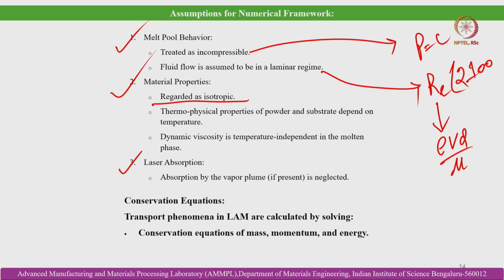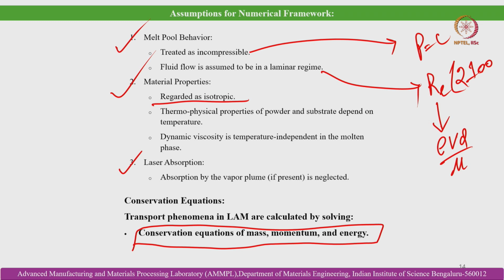And then the conservation equations. Transport phenomena in laser additive manufacturing are calculated by solving the conservation equations of mass, momentum and energy, likewise we have discussed in case of casting and also in case of welding. Now we are going ahead with additive manufacturing to develop the process model by solving the basic conservation equations of mass, momentum and energy.